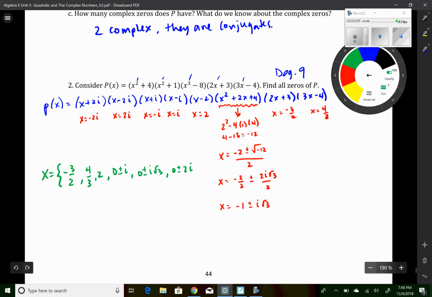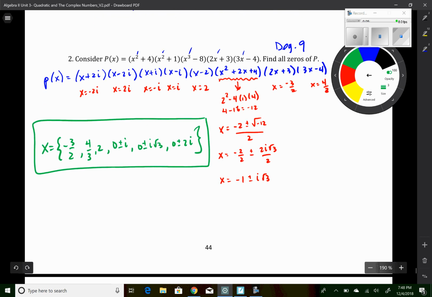I have 1, 2, 3, 4, 5, 6, 7, 8, 9 solutions. If you count them up, just to double check. Notice out of your 9 solutions, only 3 of them are real. So that means this graph, even though I have no idea what it looks like, is going to have 3 x-intercepts.